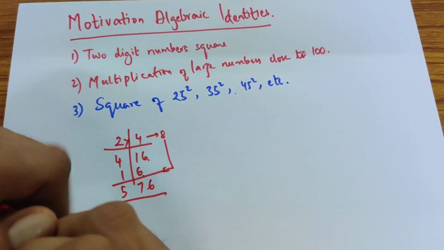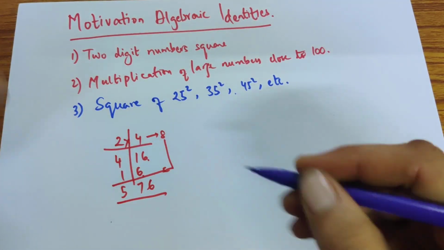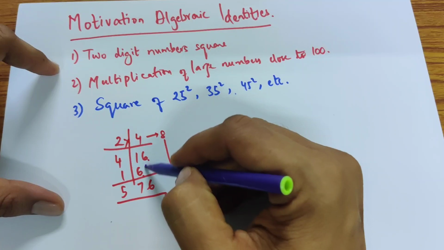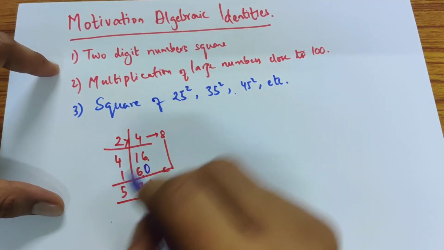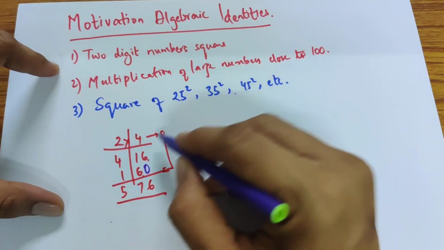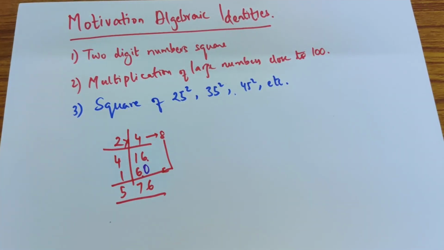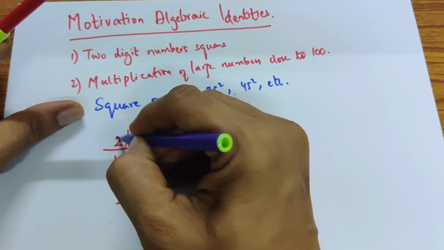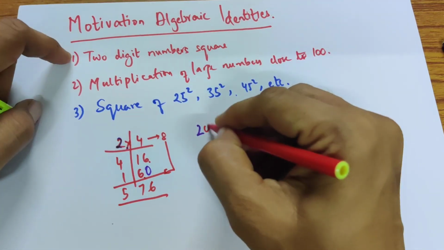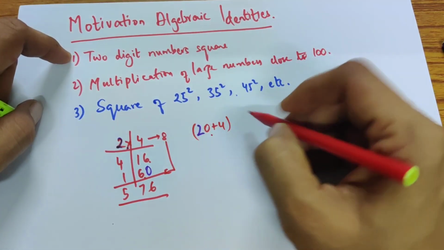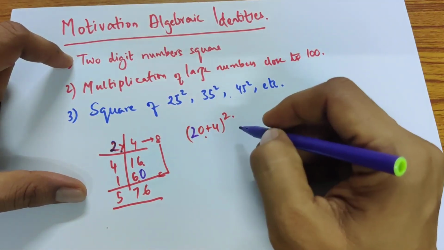If they are using these sort of shortcuts for calculations, then it can be seen that this actually corresponds to using a square plus b square and 2ab. So 24 is actually 2 tens, so it's 20 plus 4, where the 4 is in ones, all squared, and this we know is a square plus b square.